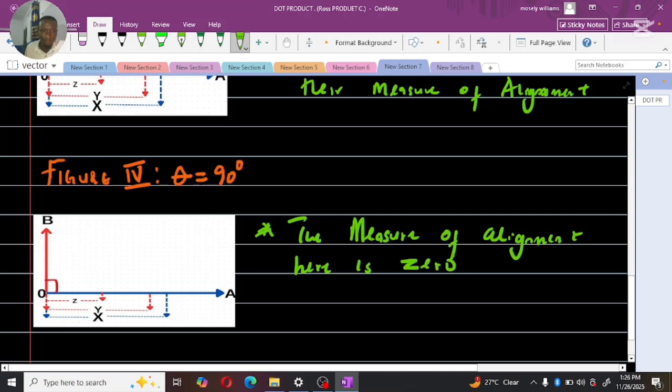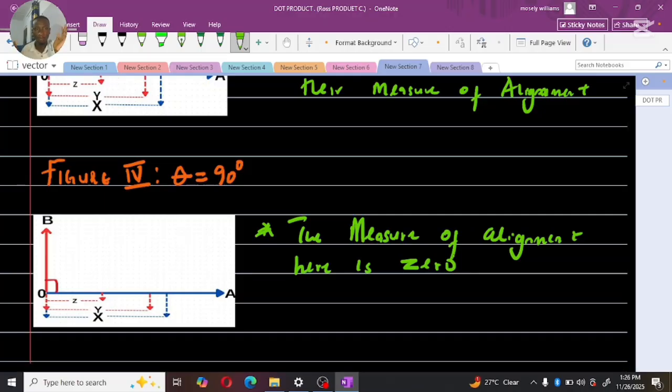It's as simple as that. So here there is no measure of alignment, because vector A is looking towards one direction and vector B is looking towards another direction entirely.